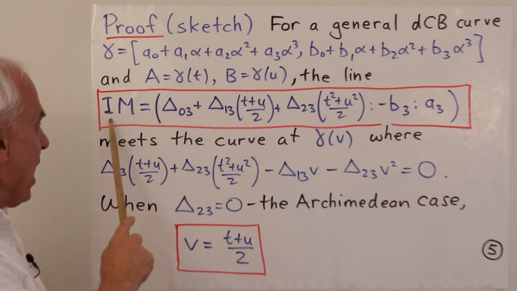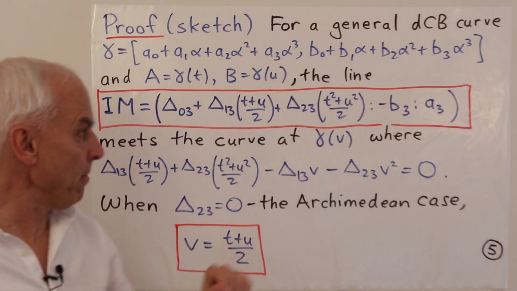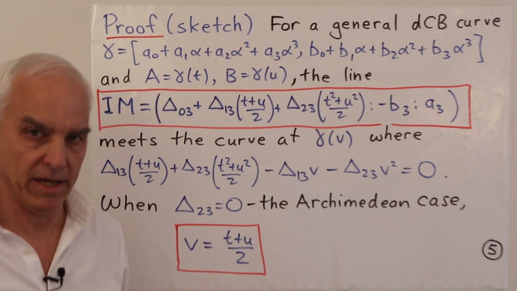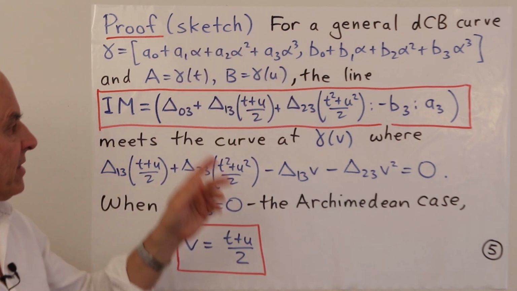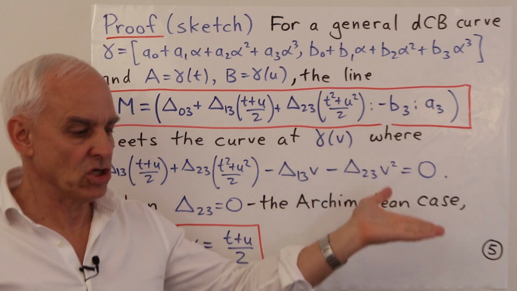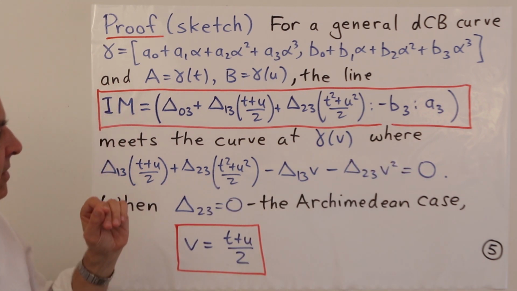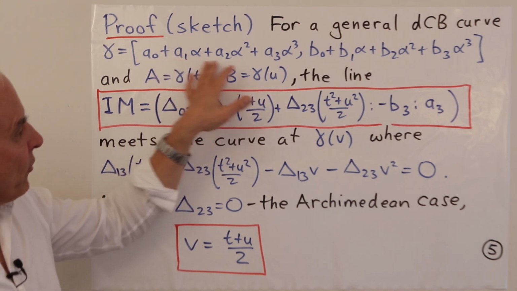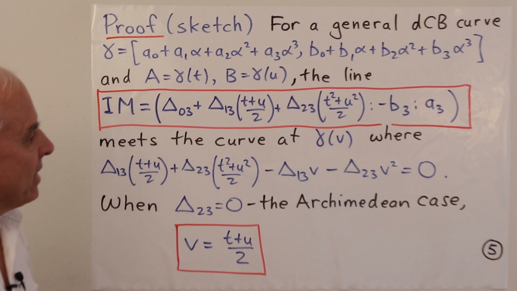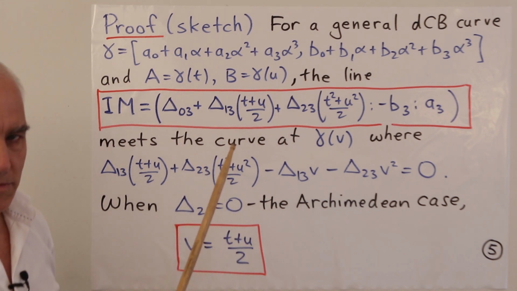Now, the line IM. I is the point at infinity that we've already talked about, and M is the midpoint of A and B. Okay, so those 2 points determine a line, and this is the equation for that line in projective coordinates. And it obviously involves t and u, but it also involves, of course, these coefficients, but it does so in a way through these delta objects.